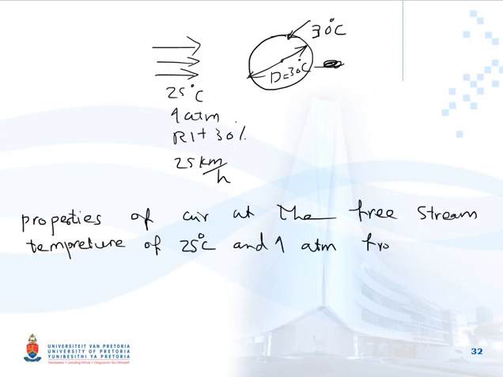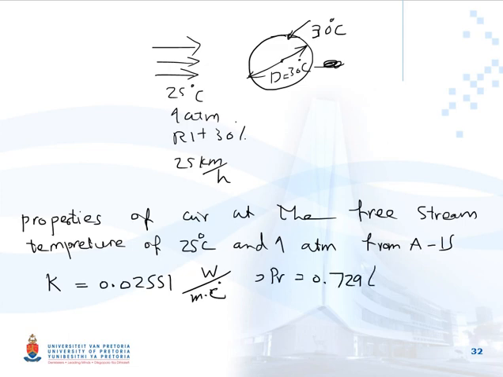From table A15 we can find k, and I just write it down, Prandtl is equal to 0.7296.